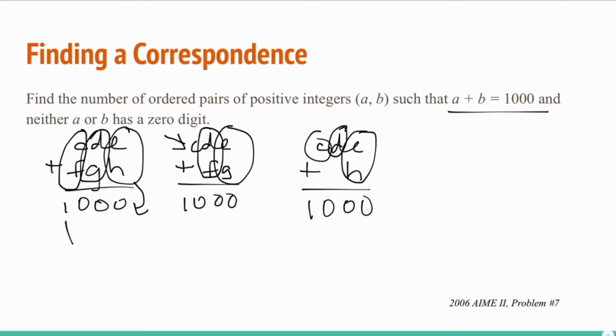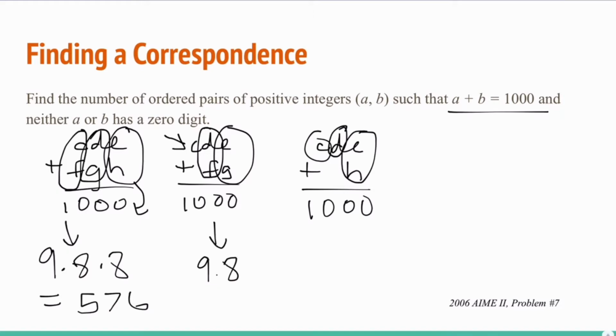So, for this, there's exactly 9 times 8 times 8 ways of solving this problem, which gives a total of 576 ways. For this case, there's exactly 9 times 8 ways, which gives 72. But we have to multiply this by 2 since it's ordered pairs of positive integers.